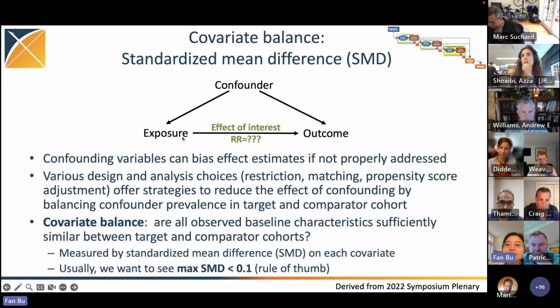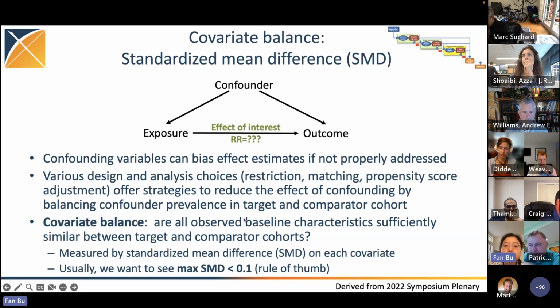If you look at the causal diagram here, a confounder means a variable that can influence both the exposure, that is the treatment option, and the outcome. So if there is some effect of confounders, then our effect size estimates can be biased.